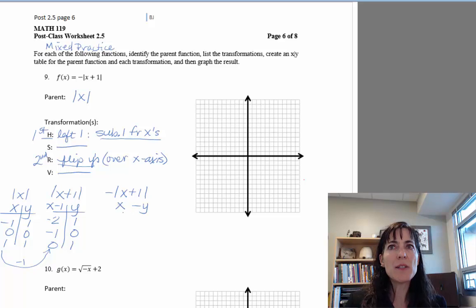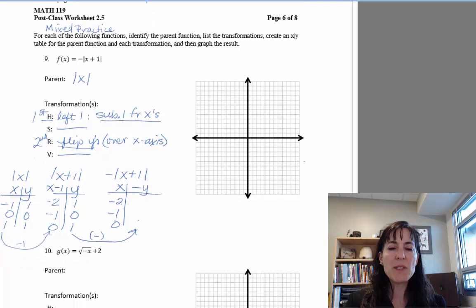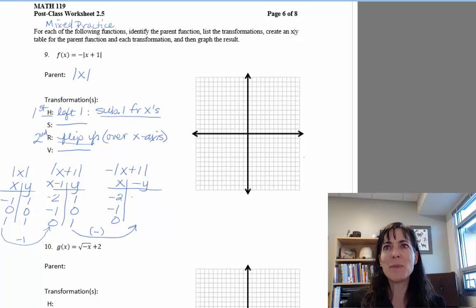So I leave the x's alone and I flip all the y's. So I can write it on my table that way if I want, if that'll help me. The x's are going to remain unchanged on this table, so it'll be -2, -1, 0, and then my y's I'm going to flip. So flip the signs on them. I guess that's going to make that clear.